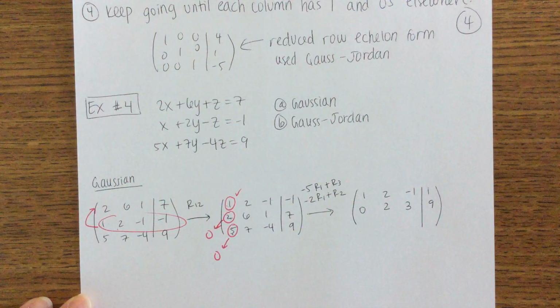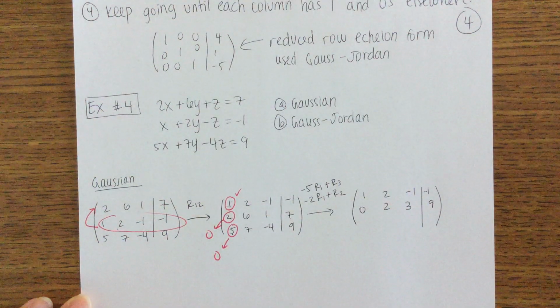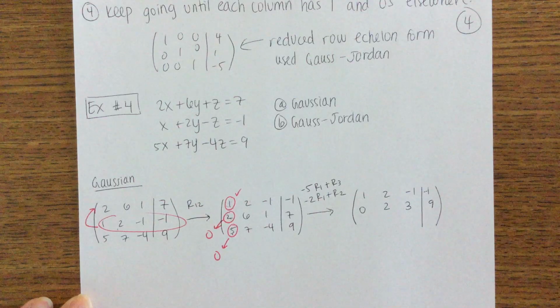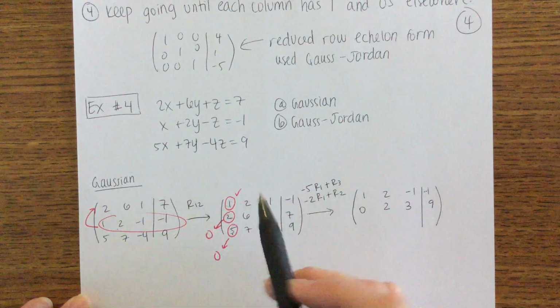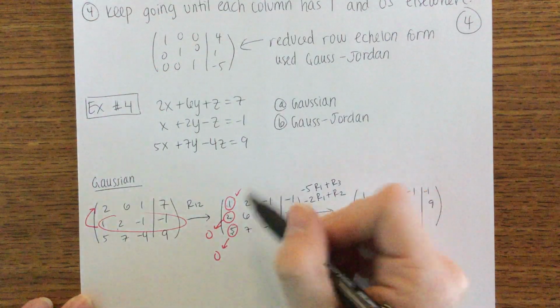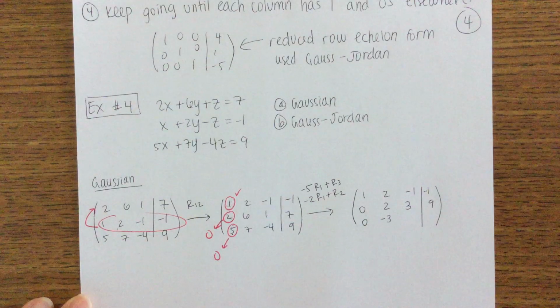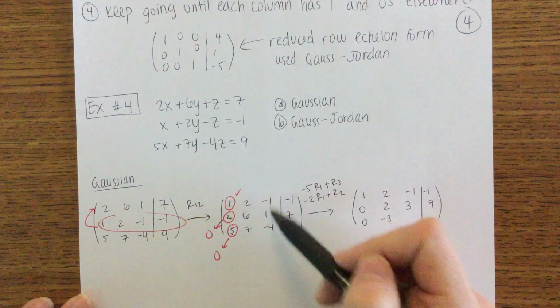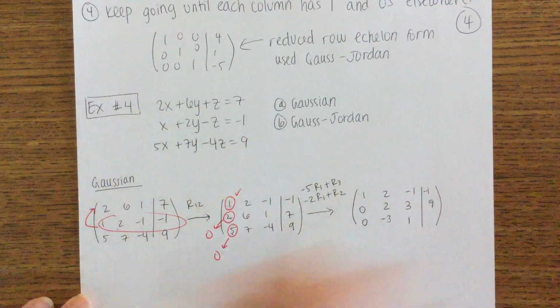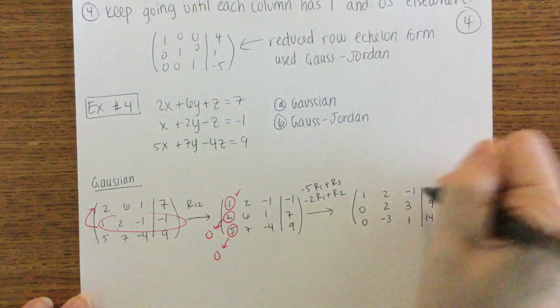Shouldn't the one above the 9 be -1? Yes. Thank you. Multiplying this by -5. -5 add 5 gives me 0. -10 add 7 will give me -3. 5 add -4 will give me 1. 5 add 9 will give me 14.